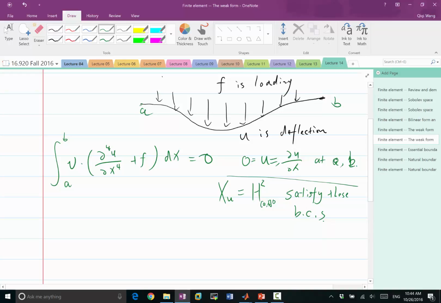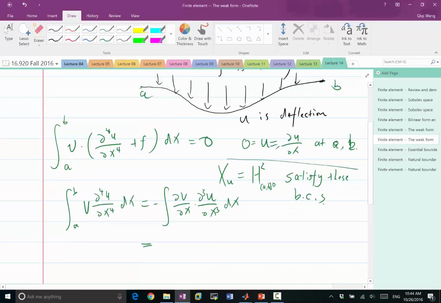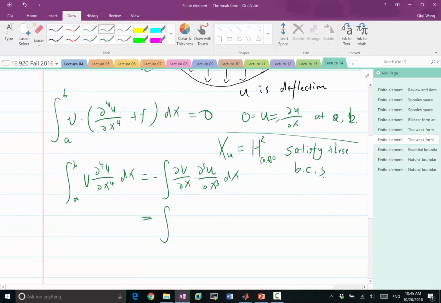Okay, so what we get over here is that we integrate by parts once: the integral from a to b of v times the fourth derivative of u. If we integrate by parts once, we get a minus sign, a derivative of v, and a third order derivative of u. If we integrate by parts twice, the negative sign is gone again, and we have a second order derivative of v and a second order derivative of u.